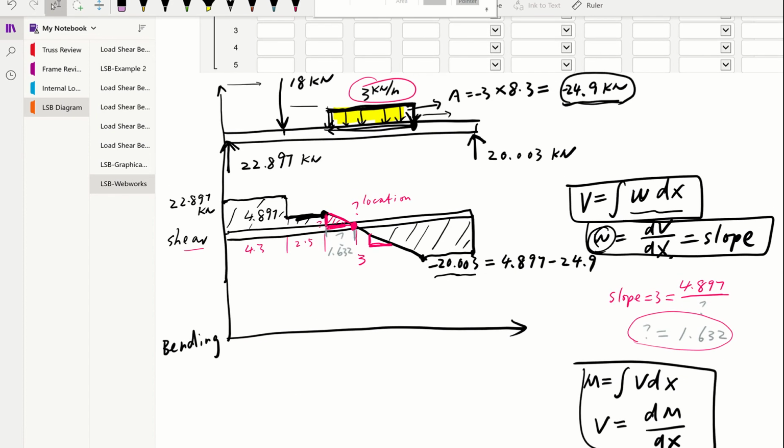First thing you want to do is integrate this entire area above. What's this rectangle area? This rectangle area for mine would be 4.3 base times 4.897. So 4.3 times 4.897 would give my value to be 21.057.